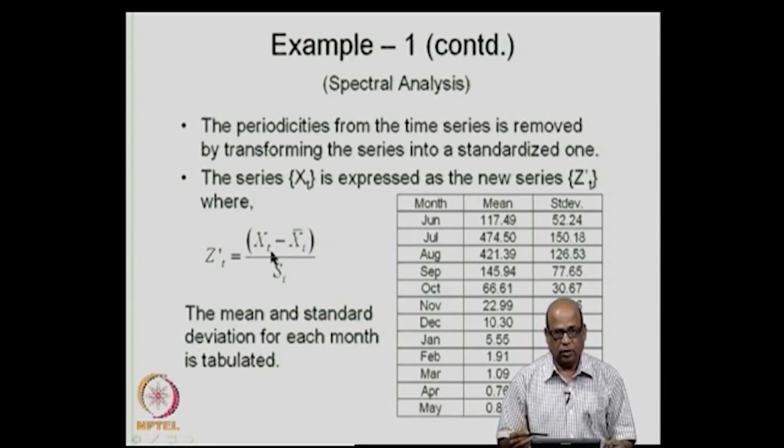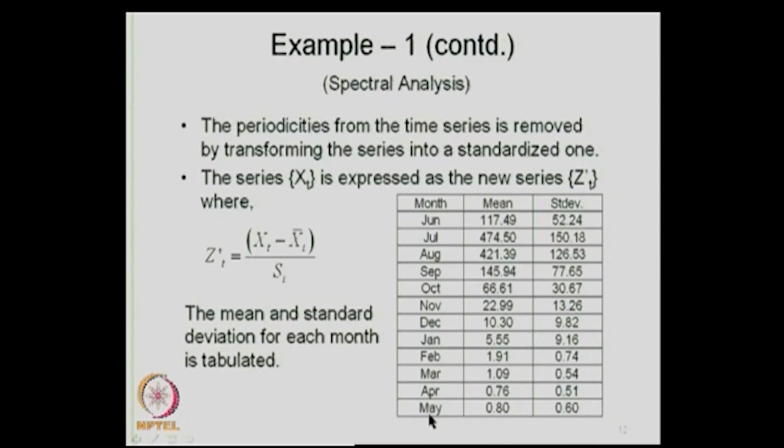The I here corresponds to the particular month to which t belongs. As I mentioned earlier, t goes from 1, 2, 3 etcetera up to 348, which are the total number of values. But corresponding to every t, we have an I which identifies it with the particular month. For example, t is equal to 1 corresponds to I is equal to 1, t is equal to 3 corresponds to I is equal to 3, t is equal to 13 corresponds to I is equal to 1 again, t is equal to 14 to I is equal to 2 and so on. So, we identify the month to which the time period t belongs and deduct the mean of that particular month.